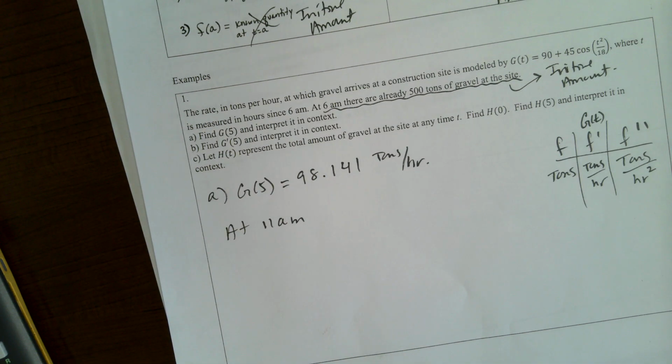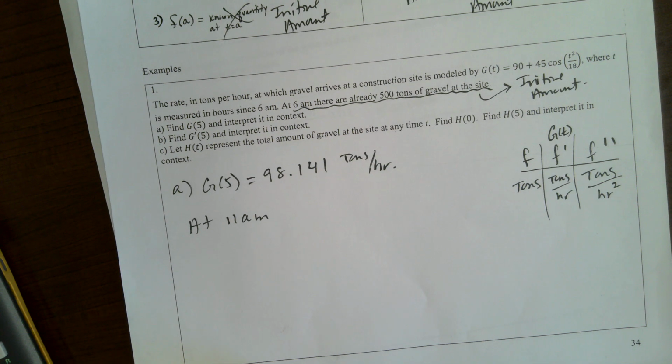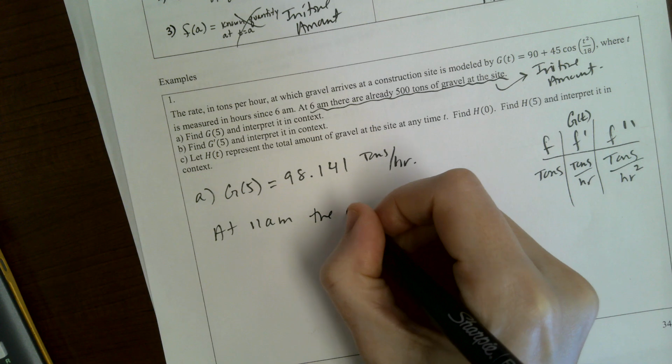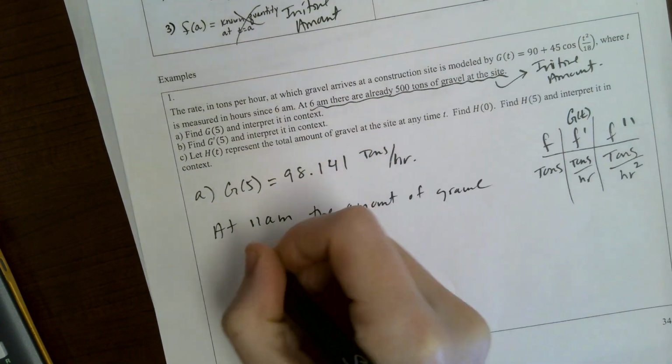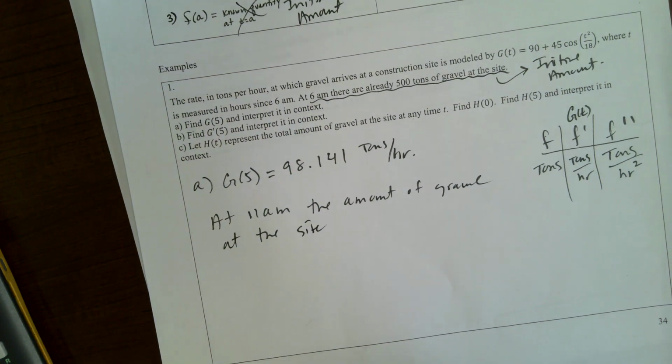So what is the something? The amount of gravel at the site. At 11 a.m., the amount of gravel at the site is changing. So what's happening to it? Is it increasing or decreasing is what we have to decide.